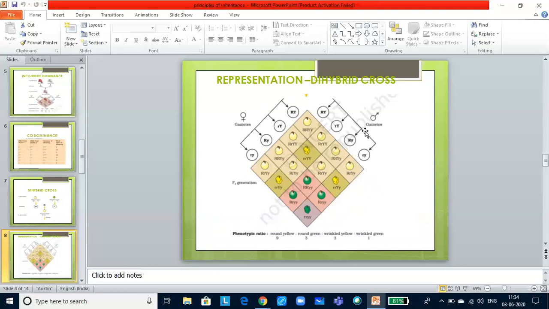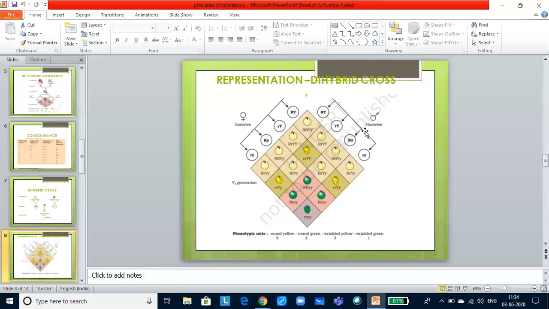So the genes are combining amongst themselves in an independent manner, and there is an assortment of the genes. This is the dihybrid phenotypic ratio, that is 9:3:3:1. Here 9 and 1 represent the original parental combination, and 3:3 is the recombinant ratio.